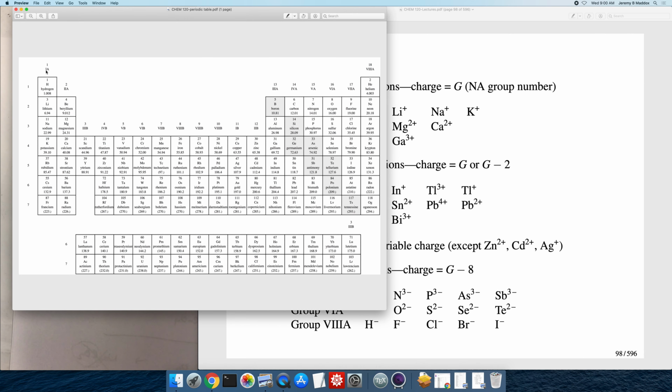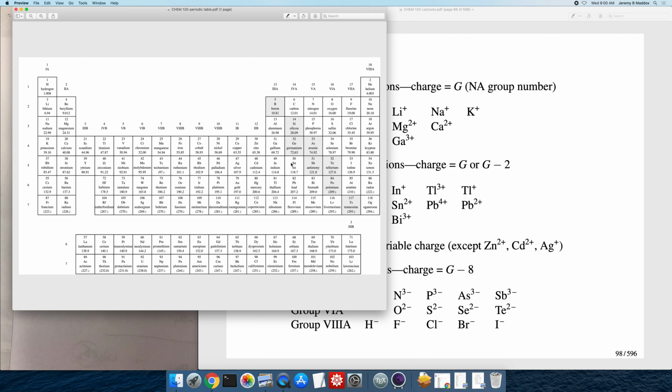group numbers, so group 1, group 2, group 3, 4, and 5: the group 1 metals form +1 cations. The group 2 metals, +2. The lightweight metals in group 3 form a 3 plus cation, and then the heavier ones form a 3 plus cation and also a 3 minus 2 equals 1 plus cation.